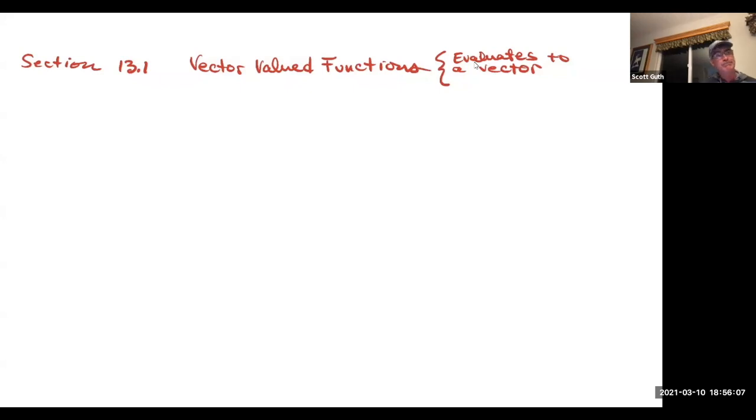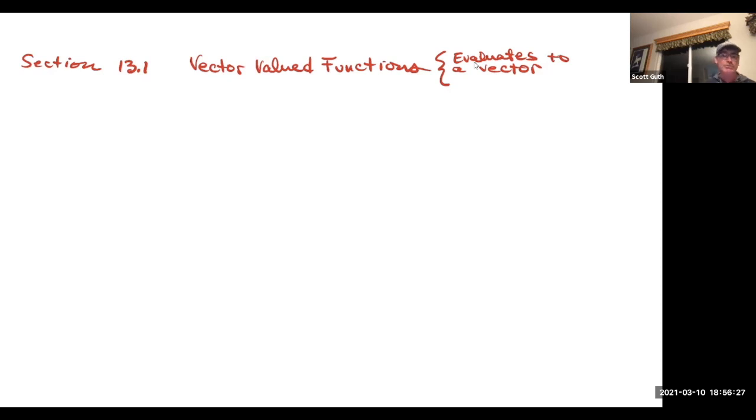Later on, you'll be inputting a position in space, which is a position vector, and then outputting a vector for some field. Those are vector valued as well. Like a gravitational vector takes a position as an input and outputs an acceleration vector, but not as a function of time.